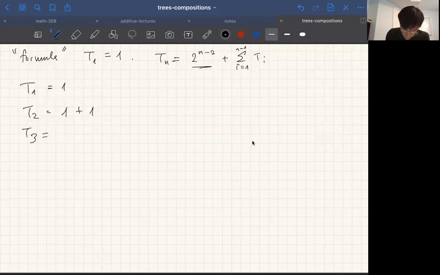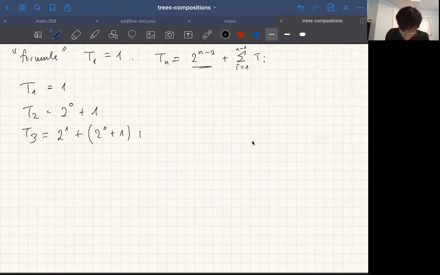T3 will be, let's write this out, 2 to the 0 plus 1. Now we have 2 to the 1 plus, and then I'm going to put this here, 2 to the 0 plus 1.